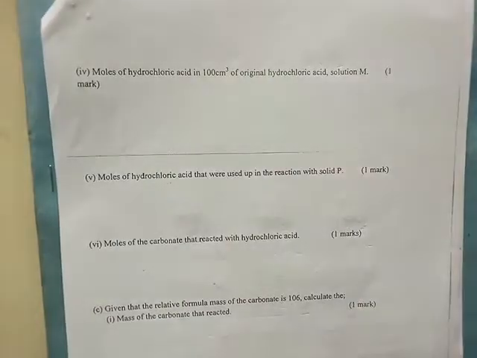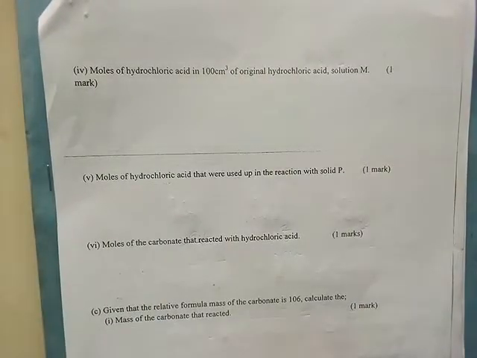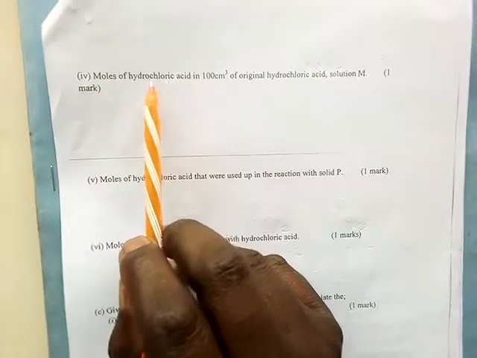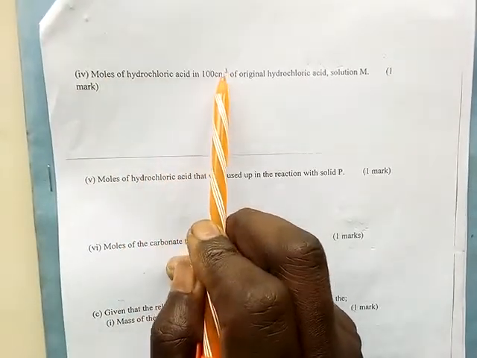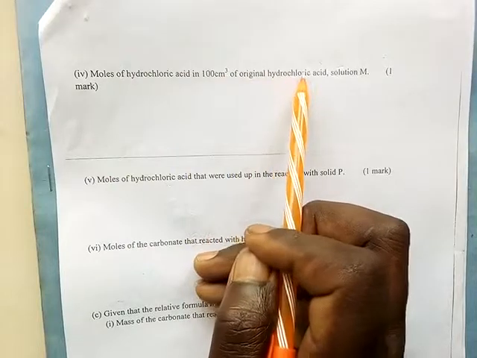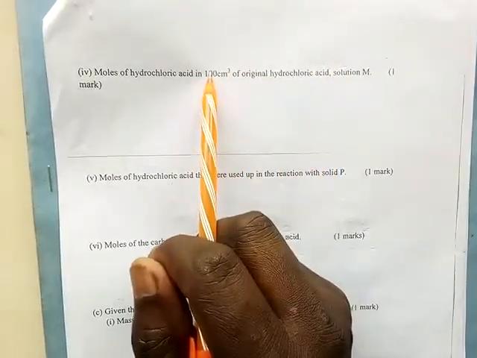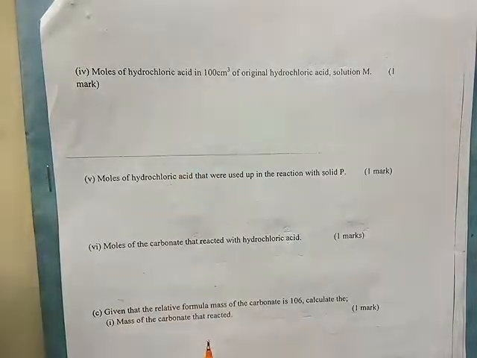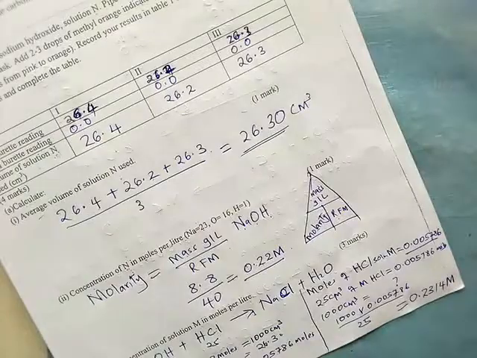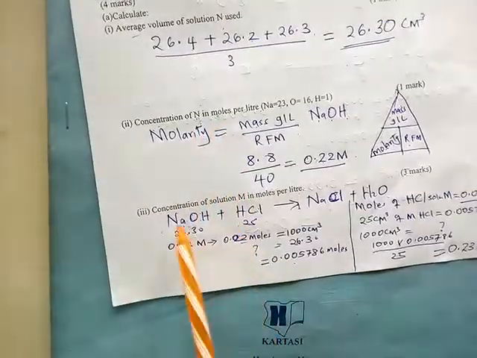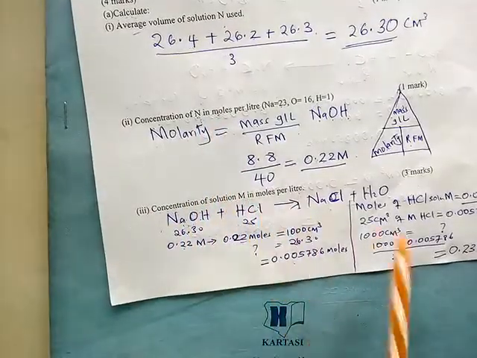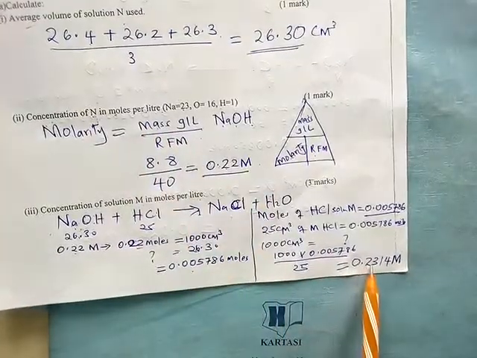That's very good. Let's look at the next page. Calculate the number of moles of hydrochloric acid in 100 centimeters cube of the original hydrochloric acid solution M. But we know the concentration of the original. We know the molarity. So molarity of M is here. The concentration of M, moles per liter, equals 0.2314.